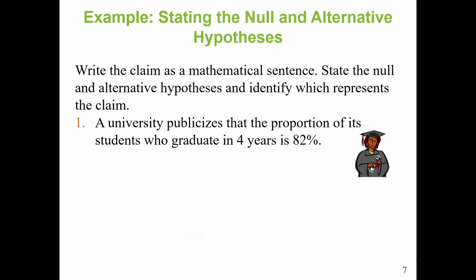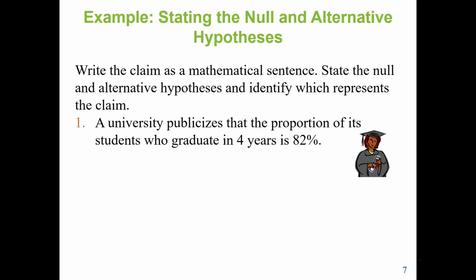So let's see some examples now. The first example says we should write a claim as a mathematical sentence, then state the null and alternative hypotheses and identify which represents the claim.